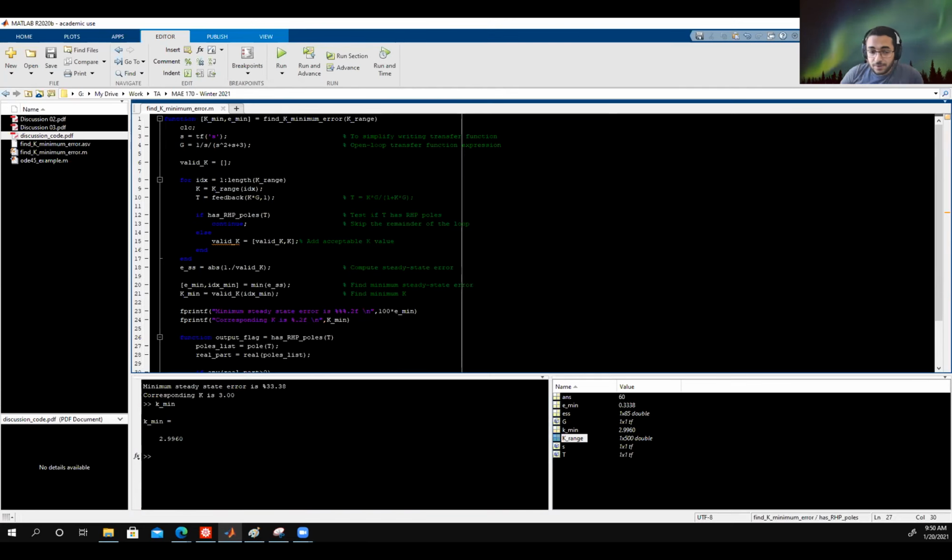So can someone tell me what happens at k equal to 3? Our range includes values from 0 to 5, right? However, no matter how small we make our step size, it seems that we do not cross k equal to 3. So something happens at k equal to 3. Can someone tell me what? Any ideas?